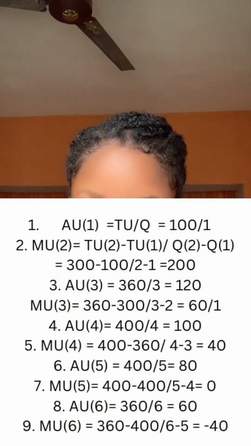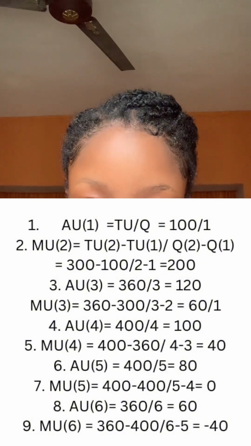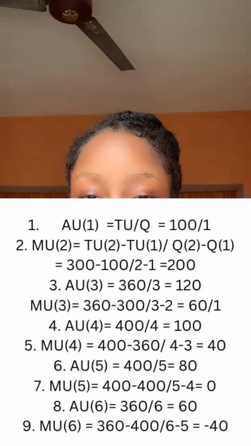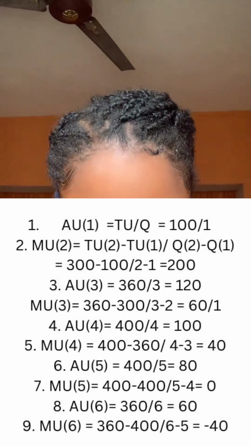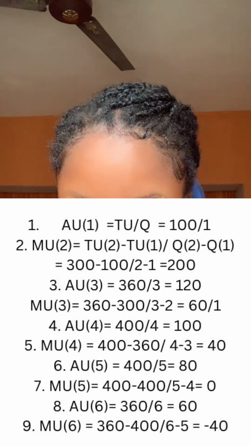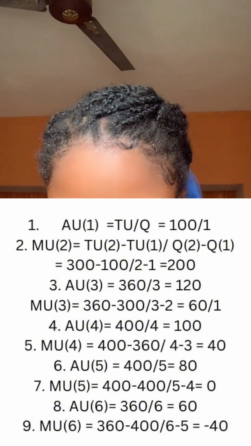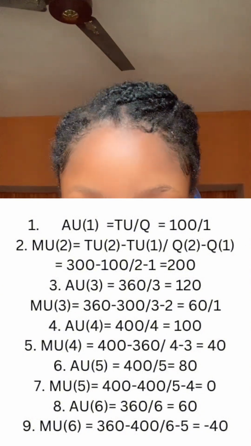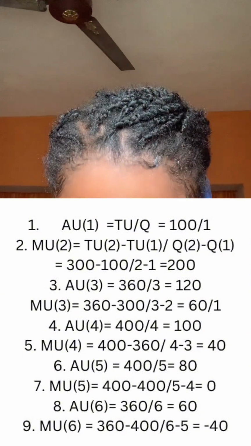Now to calculate average utility, at that point average utility will be 100, which is total utility divided by Q. So the formula for average utility basically is total utility divided by Q, where we have 100 divided by 1. So at that point, average utility remains at 100.